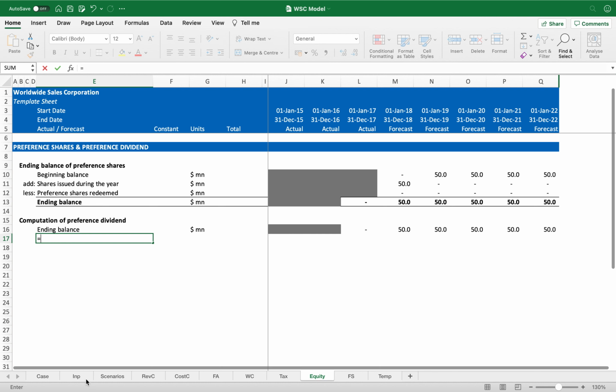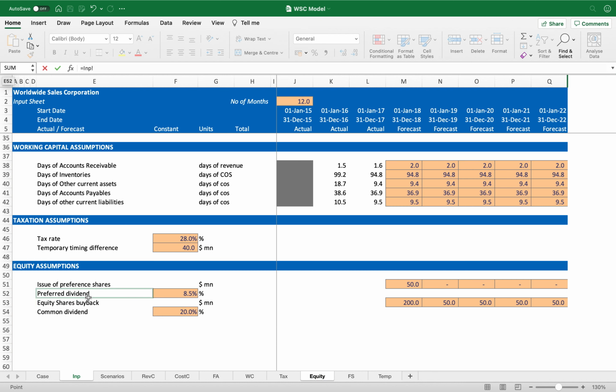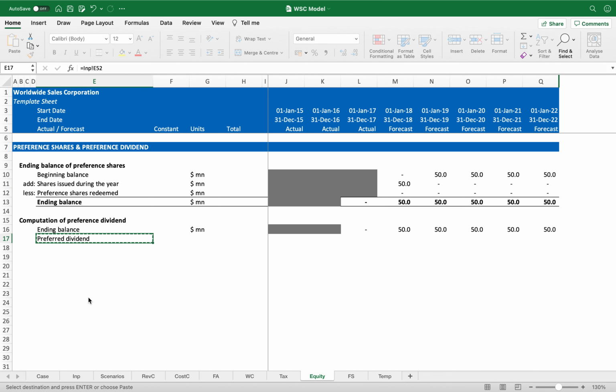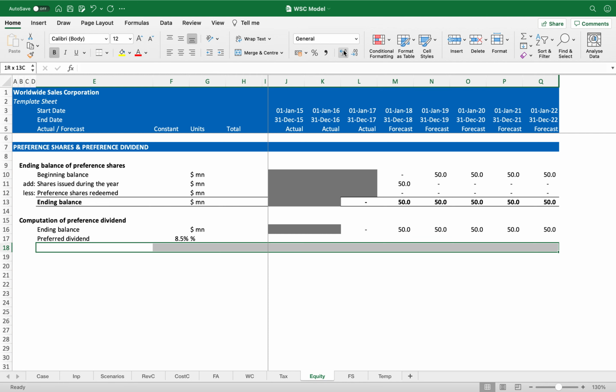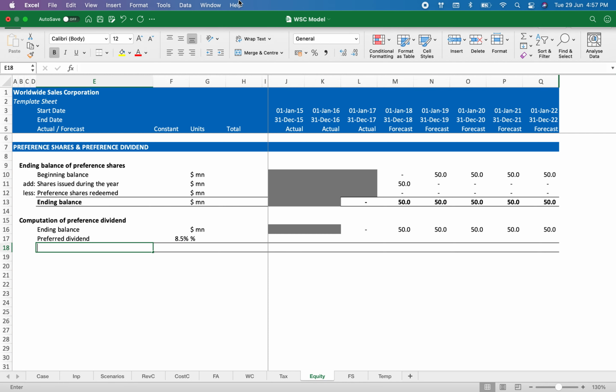Let's link the preferred dividend rate from the input sheet. I just multiply the two, in millions of dollars, by 8.5%, and I get the preference dividend.